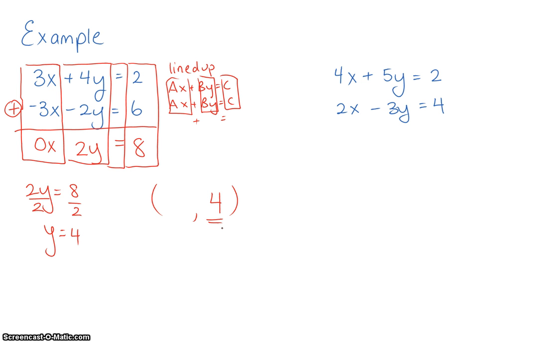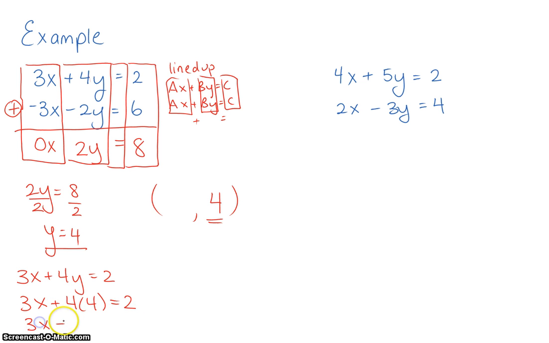So if I take either one of these two equations, 3x plus 4y equals 2, let's say, and I plug in y equals 4, 3x plus 4 times 4 is equal to 2.